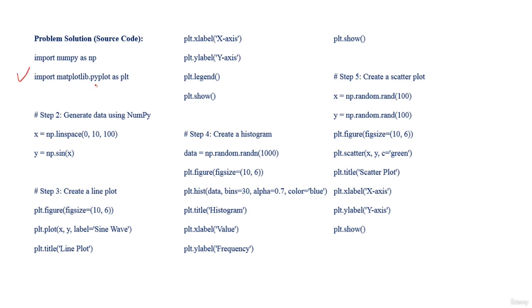Import matplotlib. This library you have to install, pip install matplotlib. It will install this library in your system. Creating data: first of all, create a line plot. You can also create a histogram, create a scatter plot. Different plots you can create using matplotlib from NumPy data.